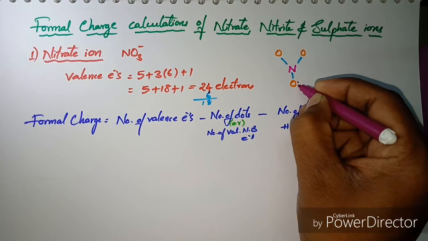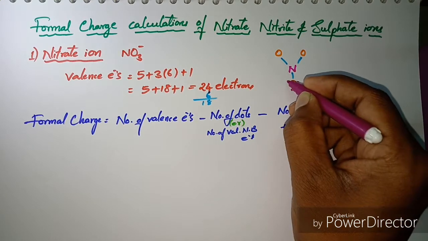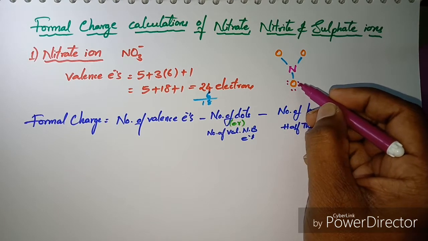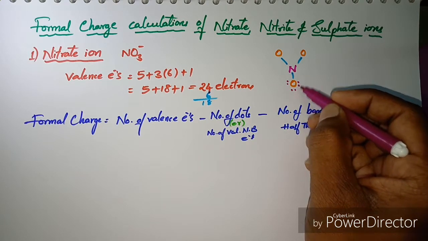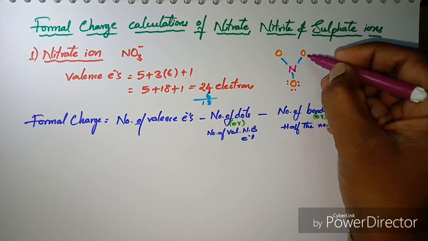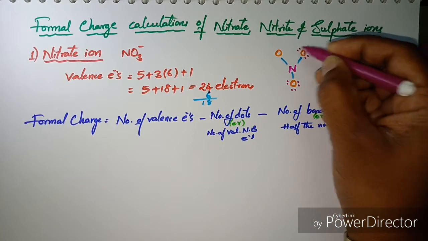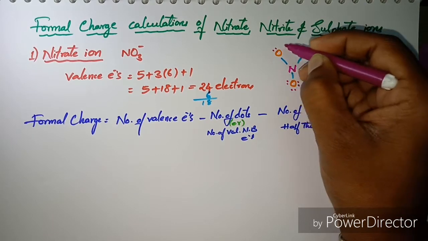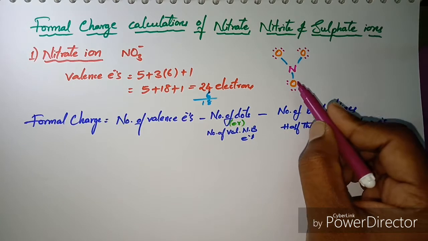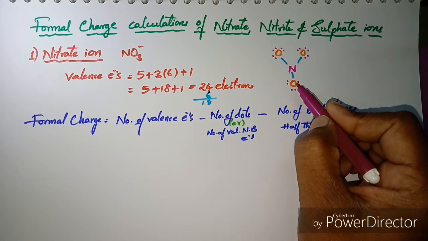Now I am showing 3 pairs of electrons, that is 6 non-bonding valence electrons, around this oxygen atom, so that it achieves octet configuration with these 6 electrons and 2 bonding electrons. Similarly, the same can be done for the rest of the 2 oxygen atoms. So in this way we have made all oxygen atoms octet configuration.